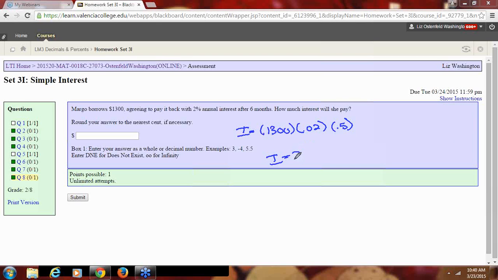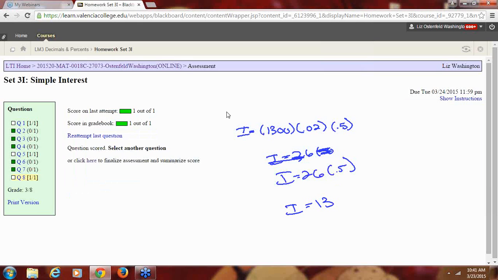So I equals 26 times 0.5, which is half of that, which is 13. Again, this is a whole number, so it should accept it really without any issues. Where's my submit button? There it is.